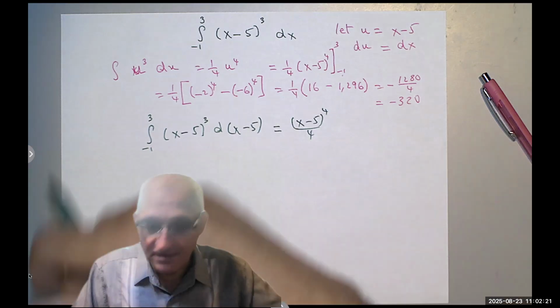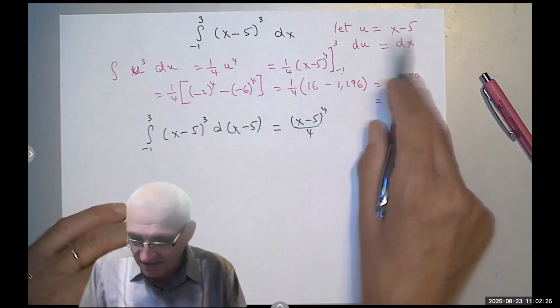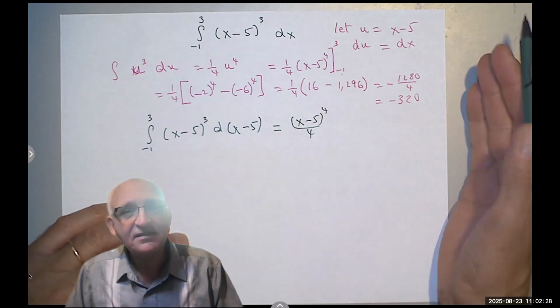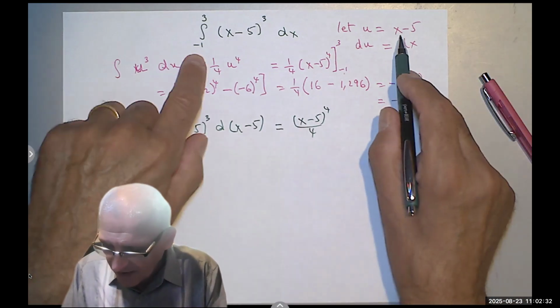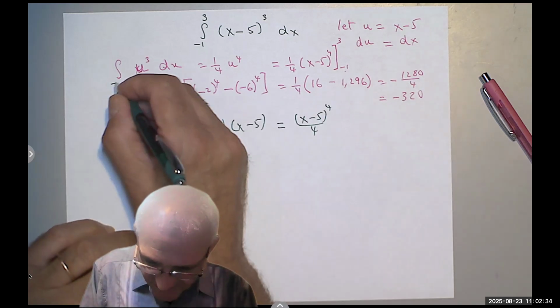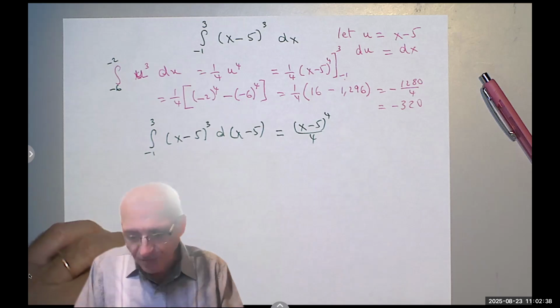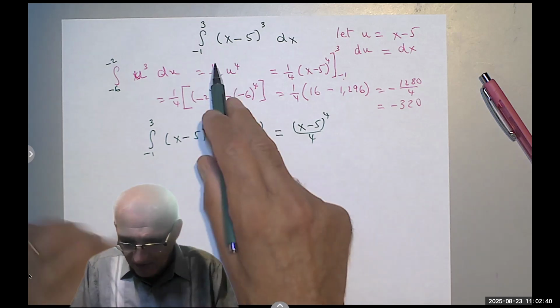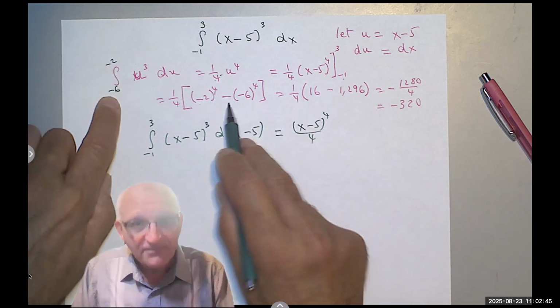A third method is to say, well, since I did the substitution, why go back to x? Let me find, if x is -1, then u is -6. And when x is 3, that is -2. And you would have done it right away. You would say 1/4 times -2 to the 4th minus -6 to the 4th.